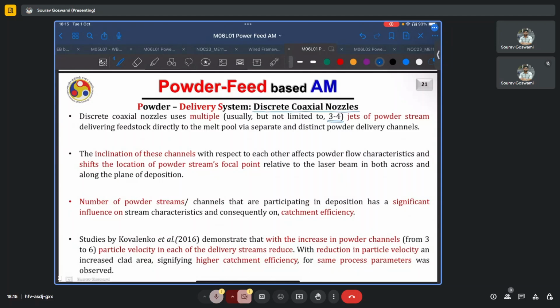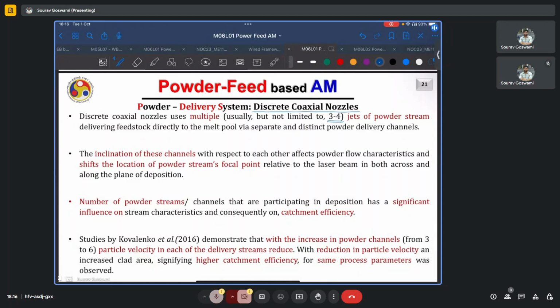Rather, you can have separate reservoirs of powders, and mix and alloy them on the fly, that is, while they are being fed into the melt pool. Then you can use these various nozzles to feed powders of different materials, and even engineer new alloys. So they are really flexible, and they further enhance the capabilities of such powder feed-based AM processes.